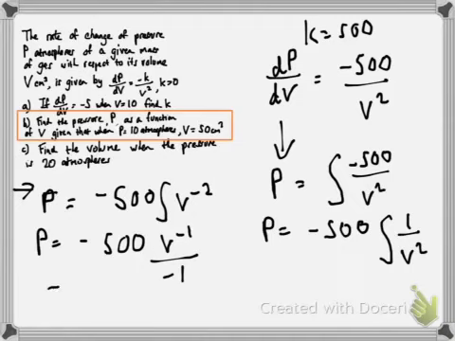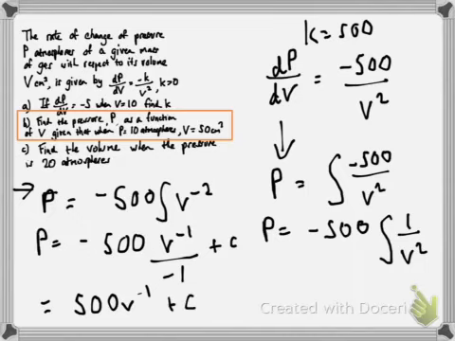That's going to equal two negatives, so we've got negative 500 over negative 1, that's going to equal 500. And we can put the plus C here now, by the way. So P equals 500 V to the negative 1 plus C.